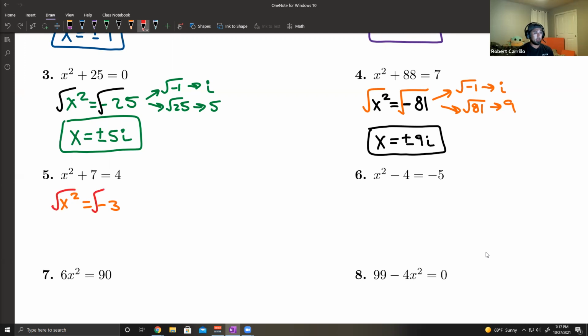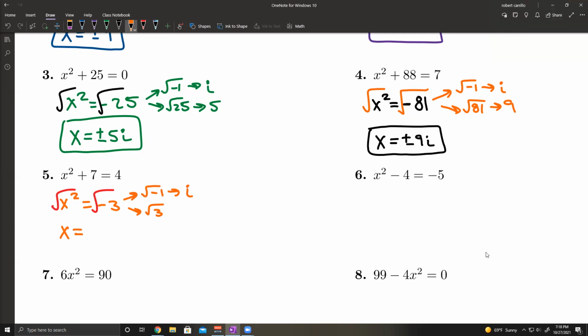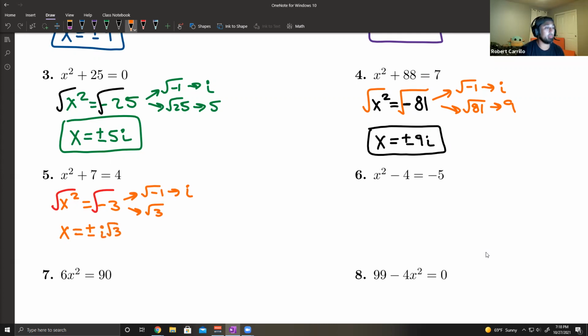And then square root both sides, and you'll get x equals, and of course, you can break this down into the square root of -1 again. And this will be the square root of 3. This becomes i. And can you break down the square root of 3? No. So we're left with plus or minus i square root 3.